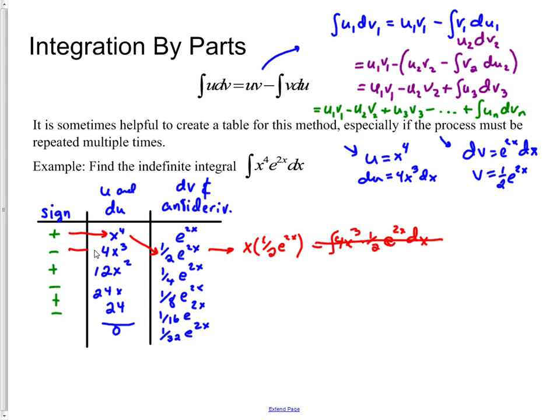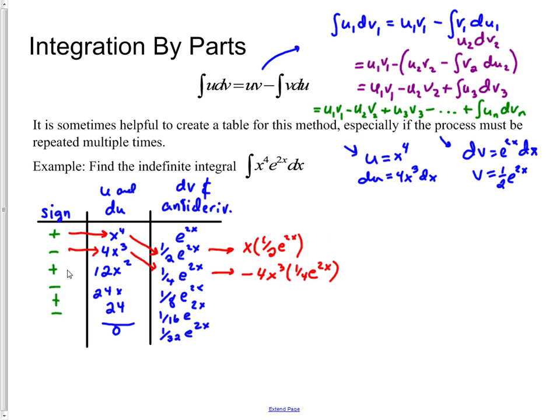When we take the subtraction of 4x cubed times our next term 1/4, we're going to get a term like negative 4x cubed times 1/4 e to the 2x. And we're going to go down simplifying each of these at every step of the way.